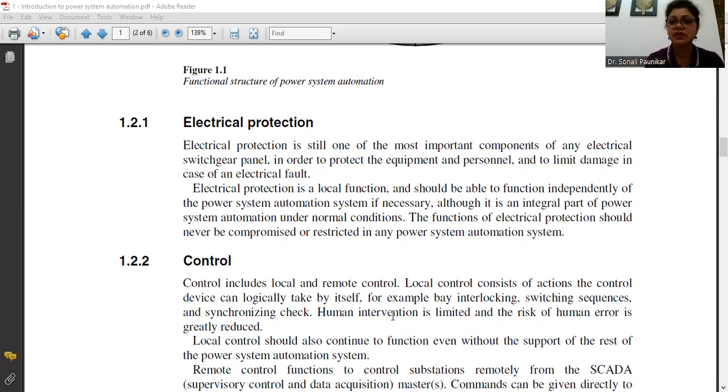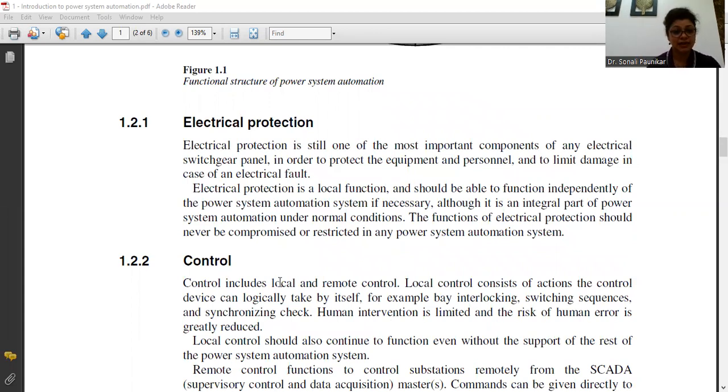Electrical protection is a local function and should be able to function independently of the power system automation system, although it is an integral part of the power system automation under normal conditions. We have to do the protection under normal conditions. Before the fault occurrence, we have to protect our system very well.